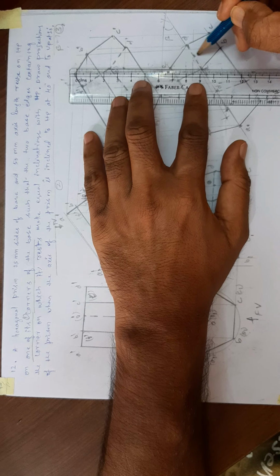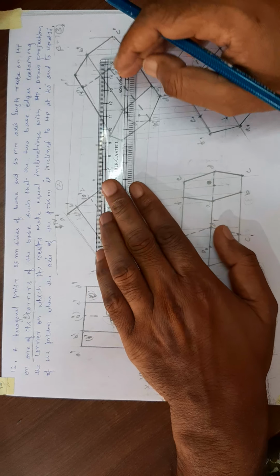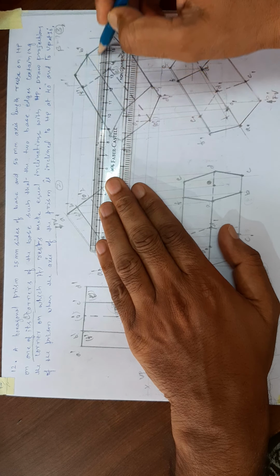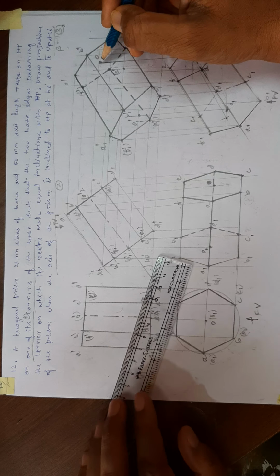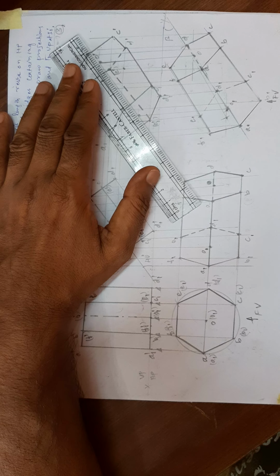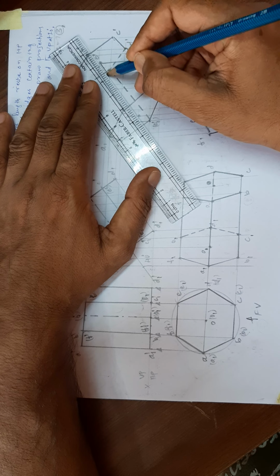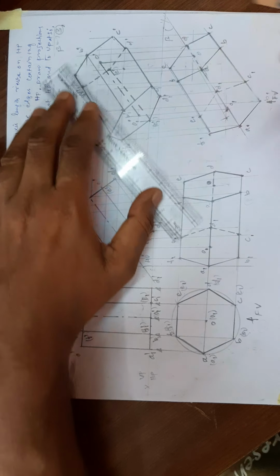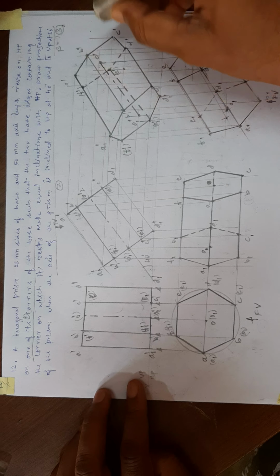Drawing a vertical projector line here, and a horizontal projector line from the O dash. Now this point is O dash. Now join with a thick line, a long thin chain line that indicates the axis. So this completes the projection of the top view.